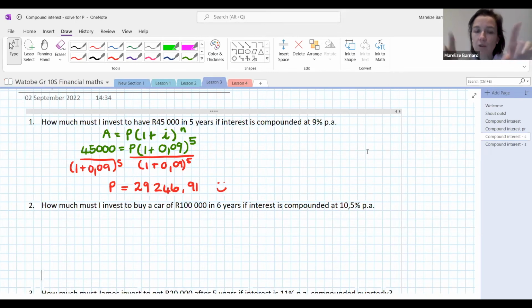So if you work out what the bracket to the power of 5 is, you must keep that whole number on your calculator or use the answer button so that you divide the 45,000 by the complete number. Don't round it. You must only round at the end, okay? Okay, ma'am.